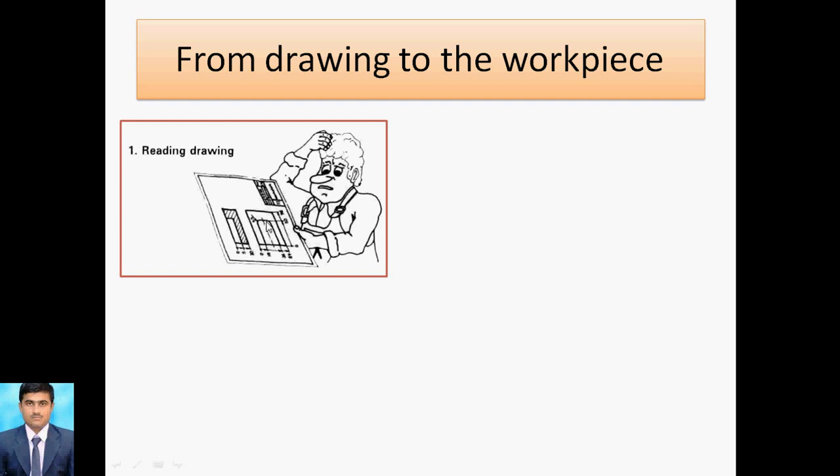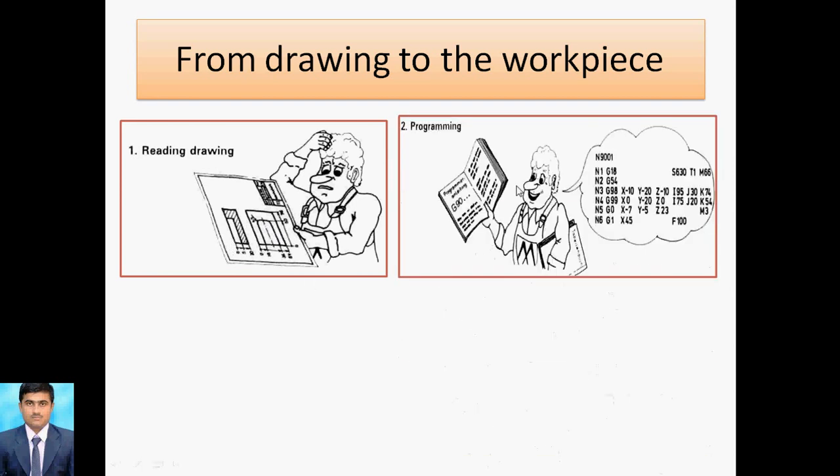As per the reading of this drawing, we move to part programming, that is the programming method. We have to generate the toolpath. For that purpose we use preparatory and miscellaneous codes, that is, G code and M code, and we use programming methods as per our requirement.